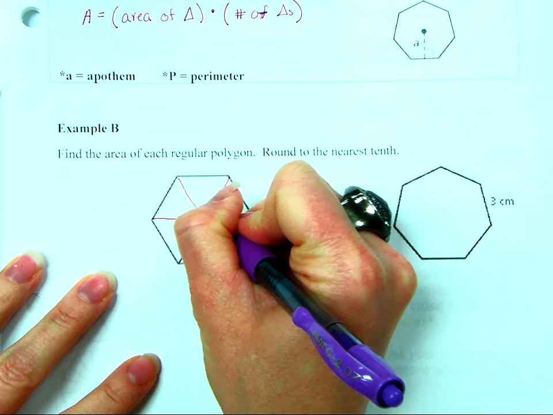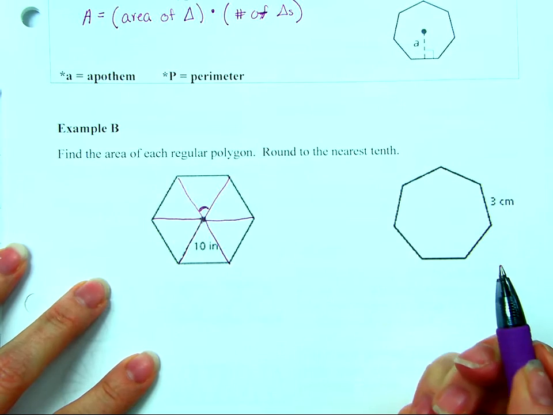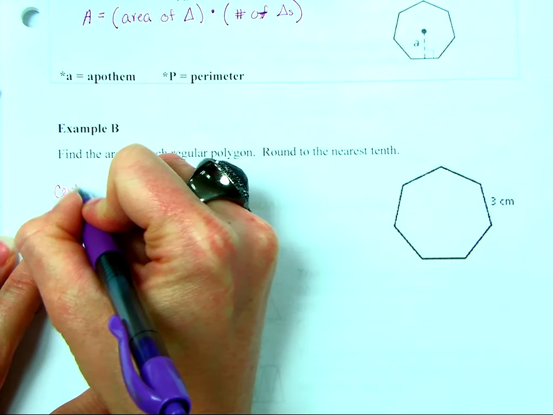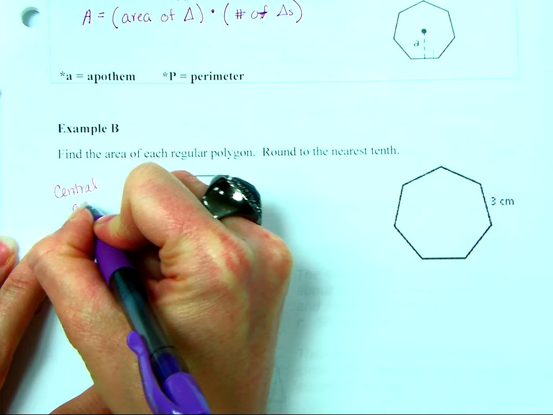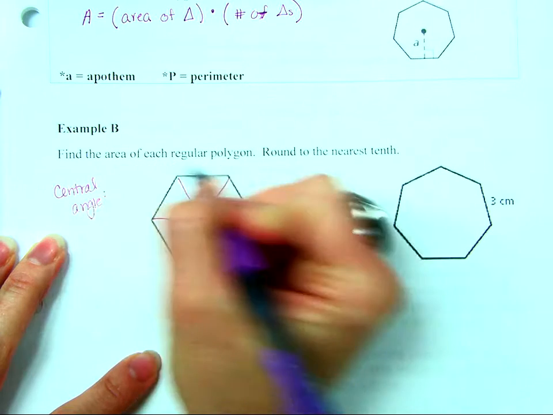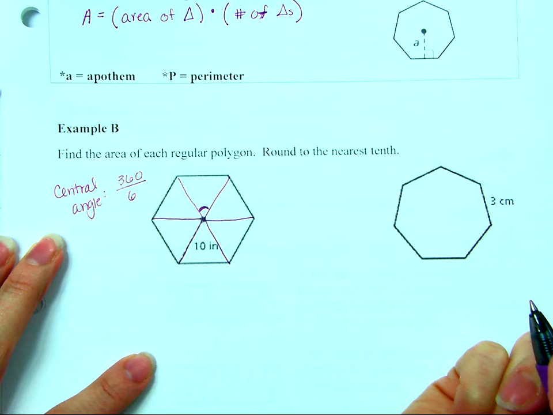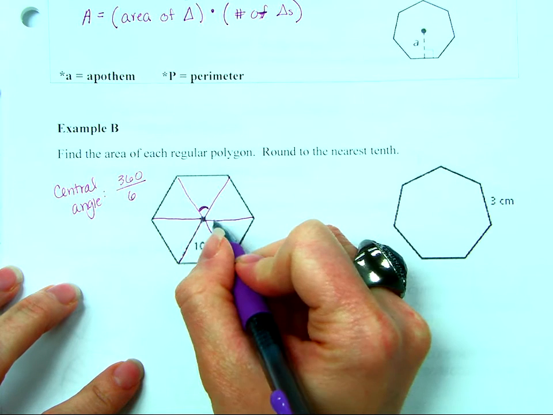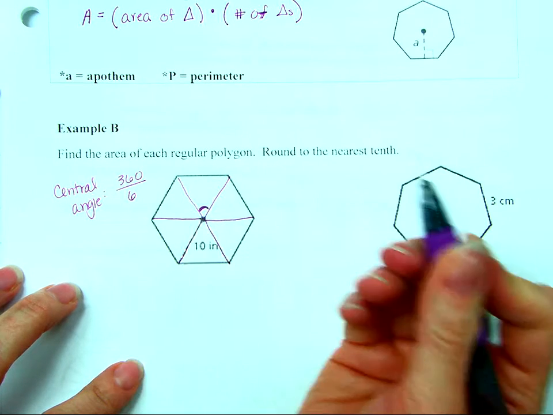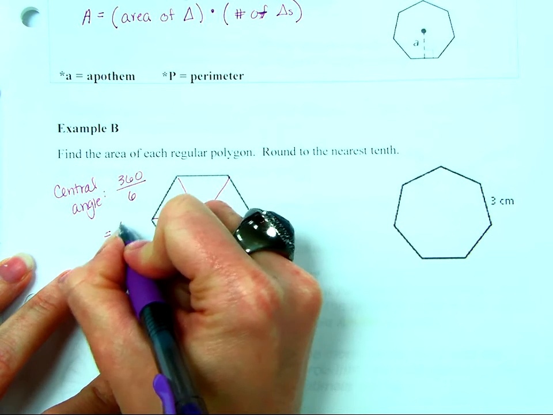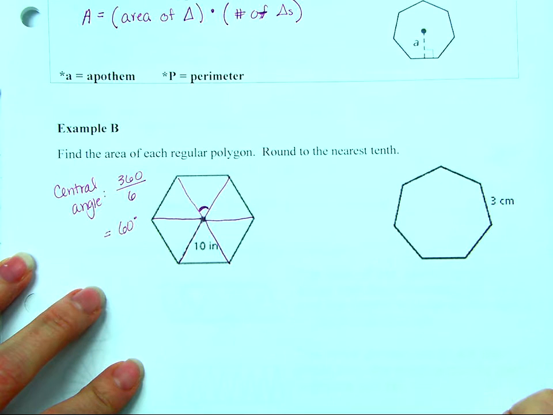So here, this central angle, well, this time when I find that, I'm going to take 360, but I'm actually going to divide by 6 because there are 6 central angles to complete this rotation. And when we take 360 divided by 6, we find out that that's a 60-degree angle.